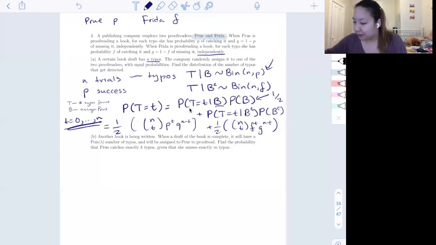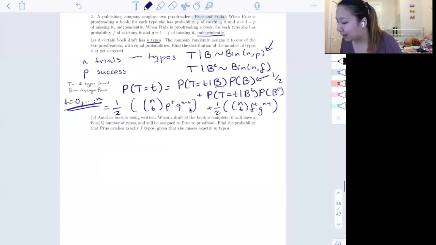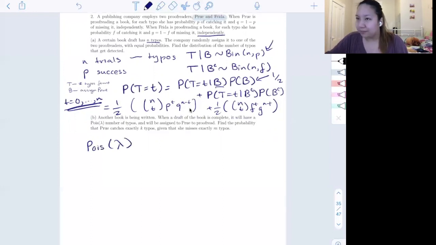So moving on to part B, another book is being written. And when a draft of the book is complete, it will have a Poisson lambda number of typos, and Prue gets the book this time for sure. There's no Frida anymore.